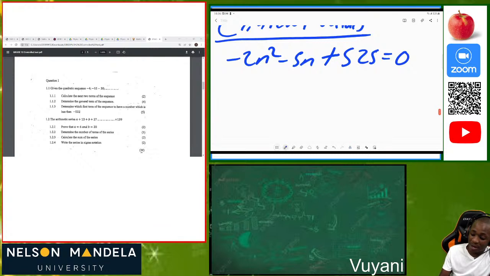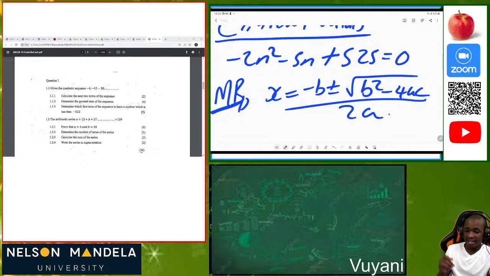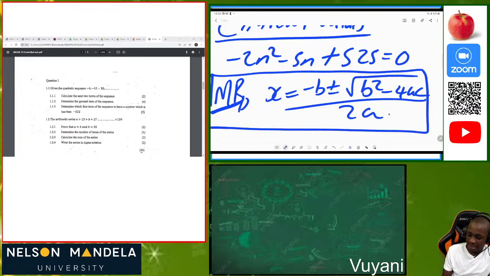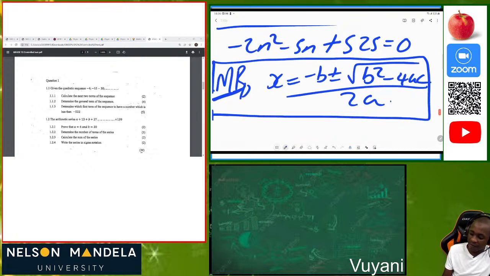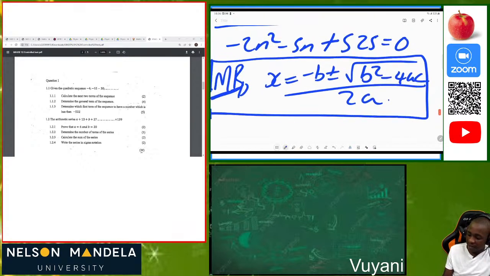Just to recap, the quadratic formula says that x is equal to negative b plus or minus the square root of b squared minus 4ac, divided by 2a. You can use this formula if you can't find factors, but since we can find the factors, let's find the factors.